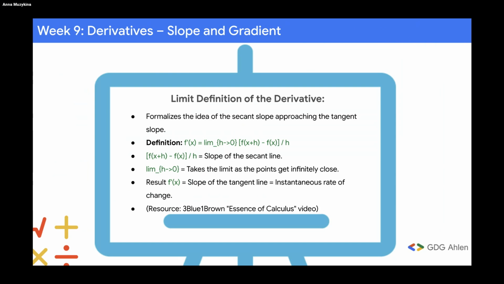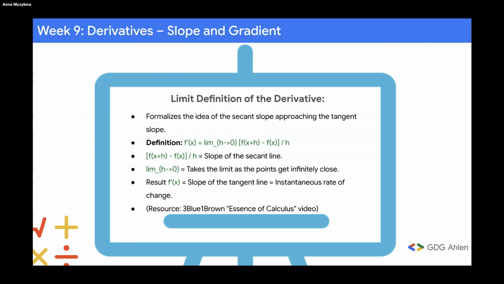Let's read it. f prime of x equals the limit as h approaches 0 of the quantity f of x plus h minus f of x, all divided by h. Let's break it down. The fraction part is exactly the rise over run calculation we saw for the slope of the second line between points x and x plus h.